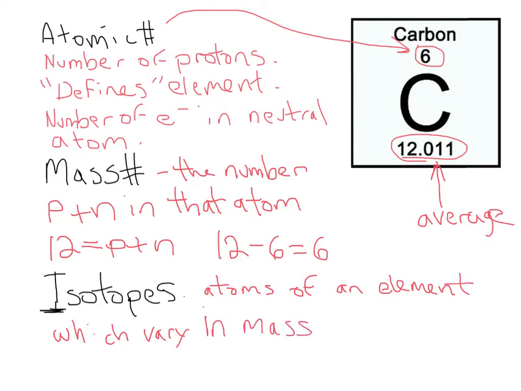It's still 6 protons, but in this case it would be 7 neutrons. Elements can have anywhere from 2 isotopes all the way up to like 50, depending on its size.